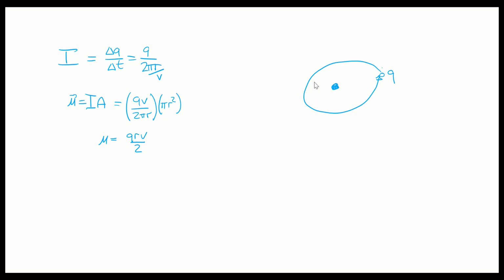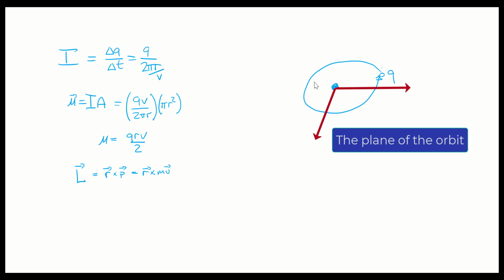Now, another thing we can do is cast this in terms of the angular momentum of that electron. So if we think of our angular momentum, we know that that is r cross our regular momentum, or r crossed with mass times velocity. And if we're looking at just keeping this in the plane and we want the magnitude perpendicular to that plane, this is just going to be mv times r.